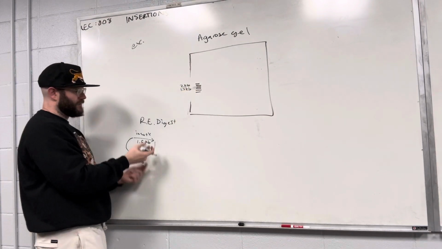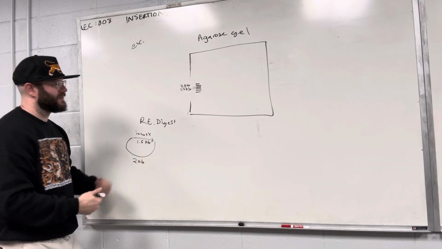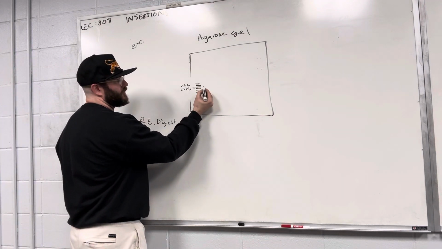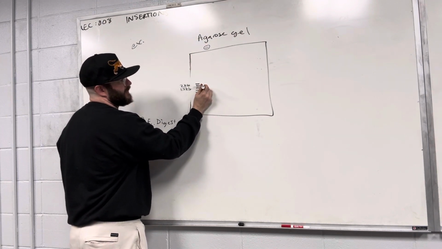You do your restriction enzyme digest, you cut your insert out, and you want to check to see if it's there. Your backbone, your negative control, is run in this lane, and you see this. Here's your backbone.